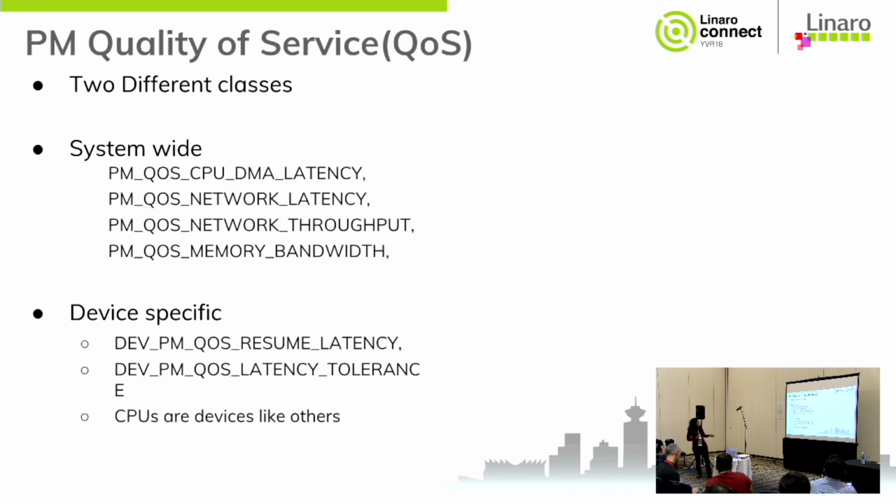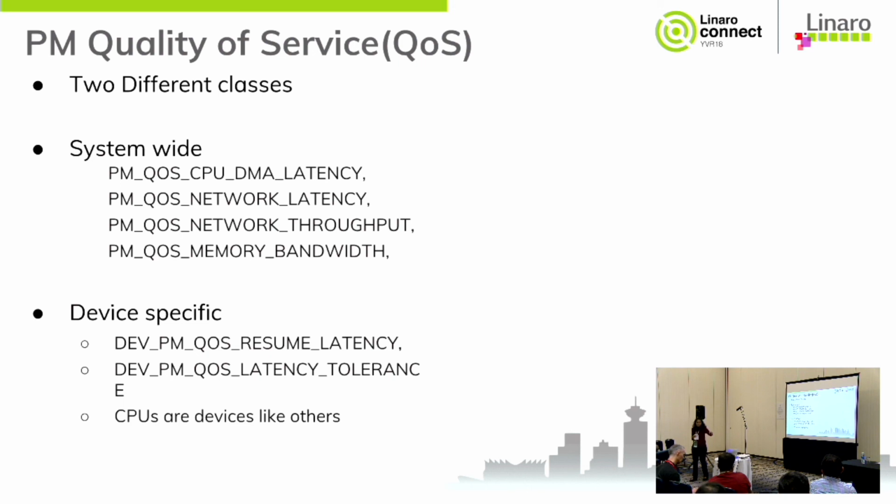Okay. And then there is this PM quality of service framework. There are two classes of constraints, if you want to put it that way. There are system-wide constraints that can be placed, and there are device-specific constraints that can be placed. Under system-wide, the main one is the CPU DMA latency, where any subsystem in the system can request a particular latency, which in turn translates to the C state the CPUs are put into.